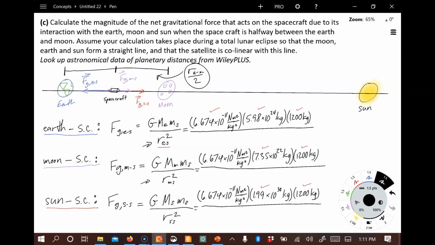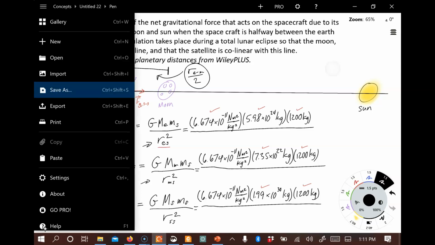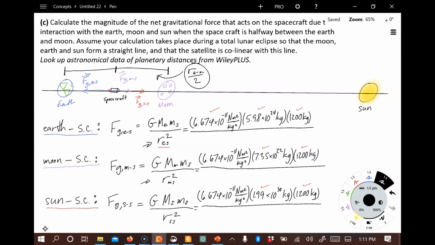And for the Sun, well, basically we have a measurement for the distance of the Sun to the Earth. And, well, if we draw that picture, that line, for example, from here to there, there's the radius of the Sun to the Earth, or the distance of the Sun to the Earth.